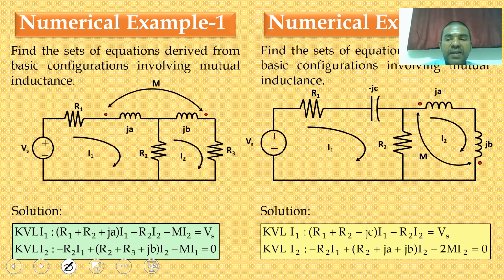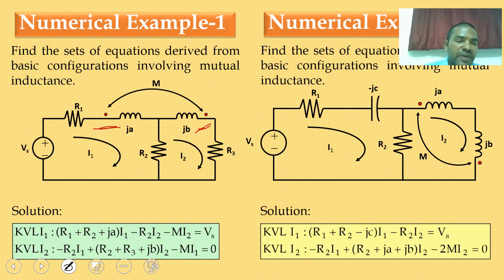I am taking the two currents in clockwise direction, one is I1, another one is I2. Here I1 is flowing with the starting dot of the JA inductance. I2 current is flowing with the ending dot of JB. So that means the mutual inductance must be negative.